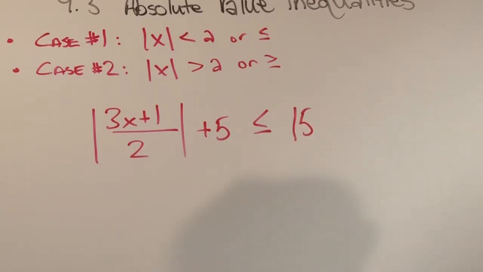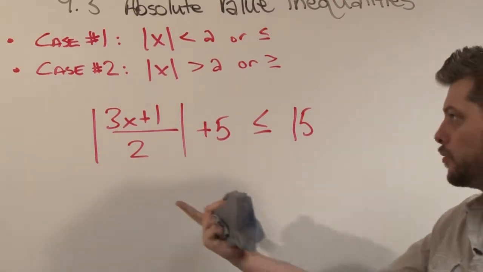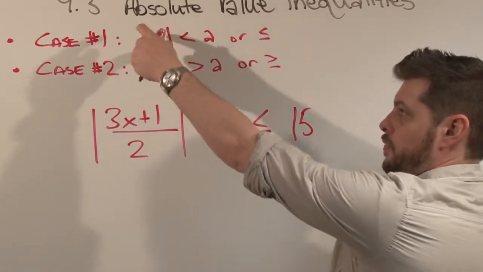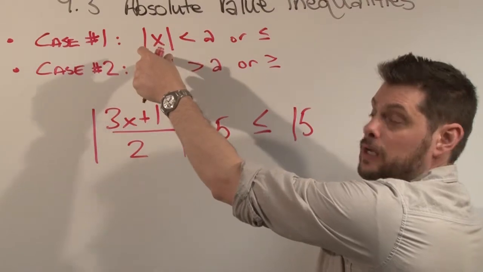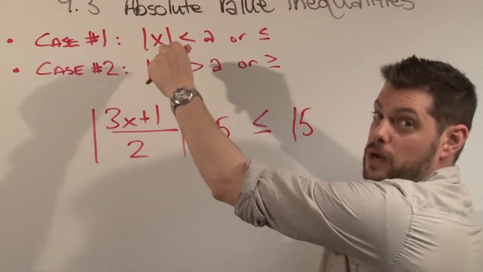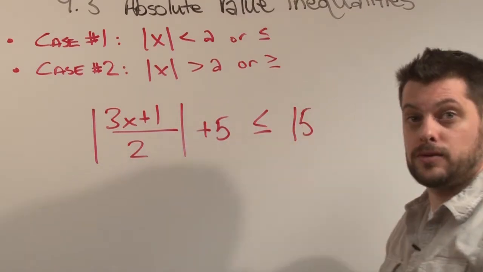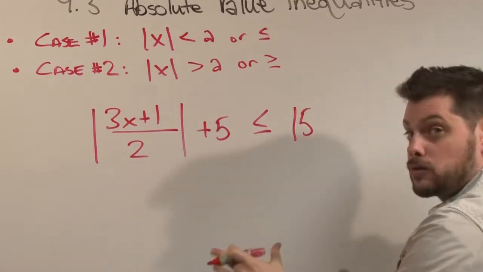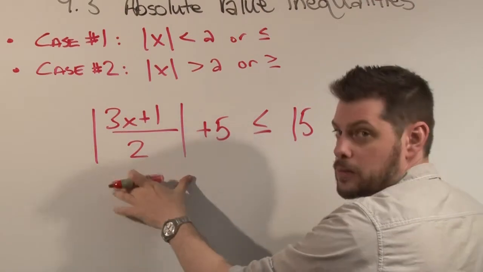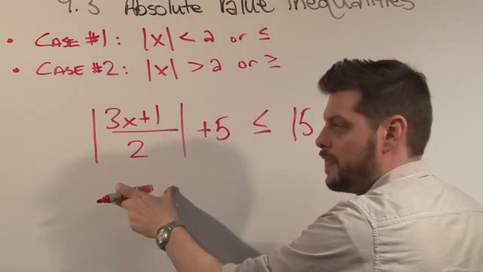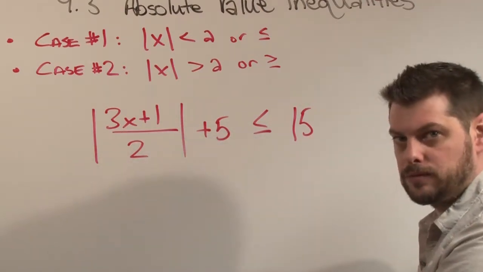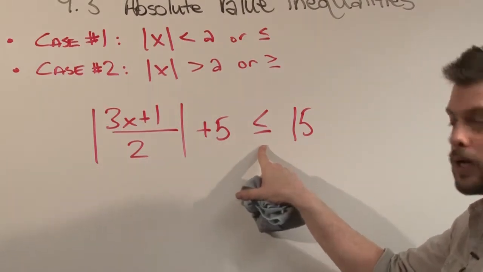Okay. So the strategy for these is we've been working with the case where all that's on one side of our inequality is the absolute value function and whatever's inside of it, and then everything else is on the other side. We're going to use that same approach. And that's how you solve these, is that you isolate your absolute value function first and then apply the rules of the absolute value function depending on your inequality.